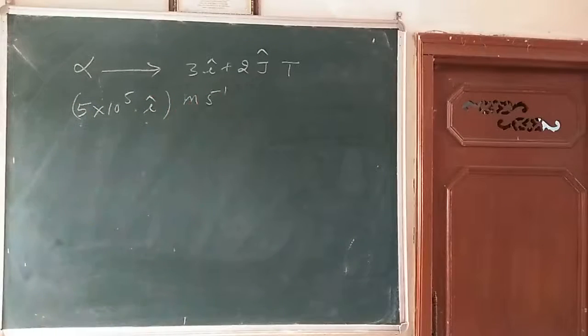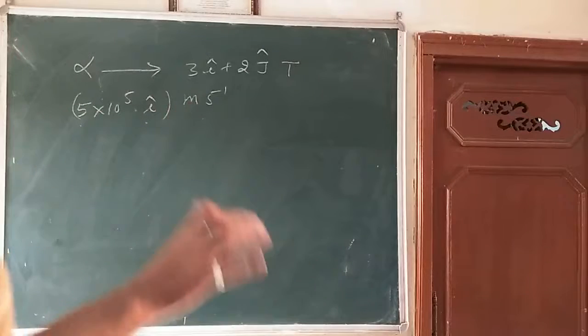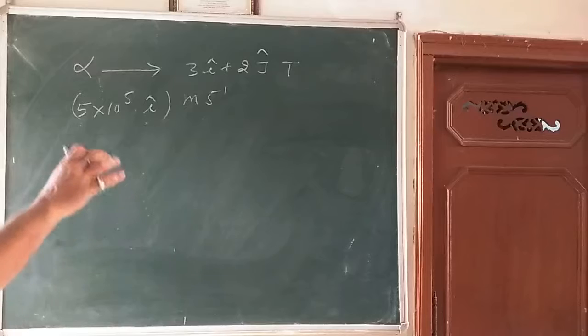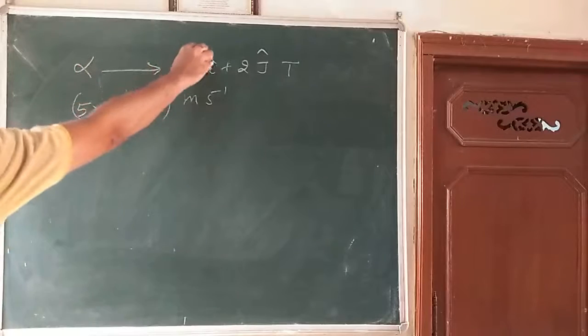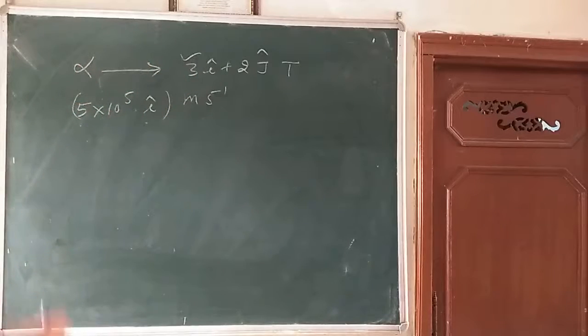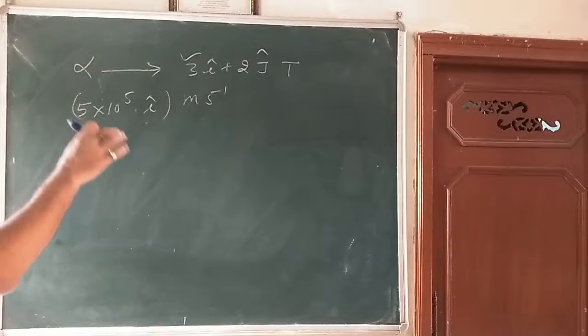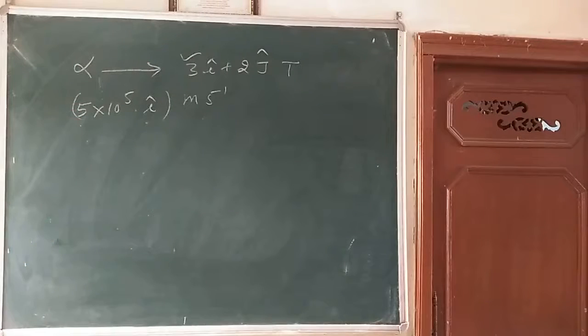This is given. Again I am repeating, if you want to write then you may write: alpha particle is moving in a magnetic field, this one, with a speed, this one. Then what will be the resultant magnetic force acting on the particle? What is the magnetic force over here?